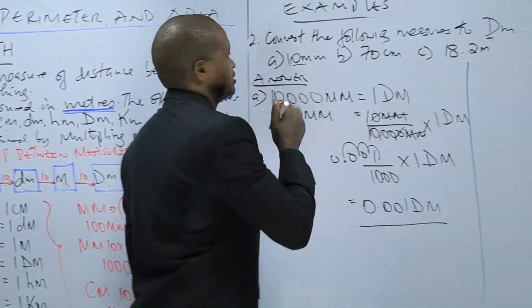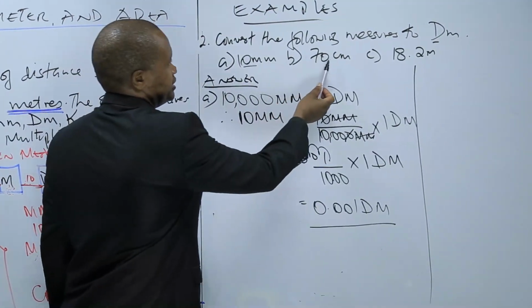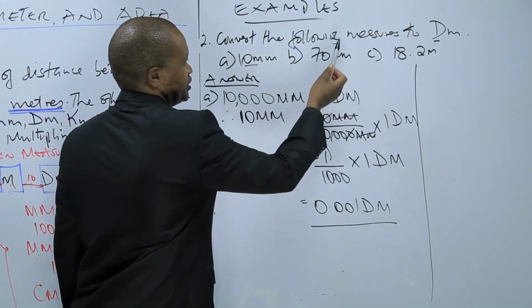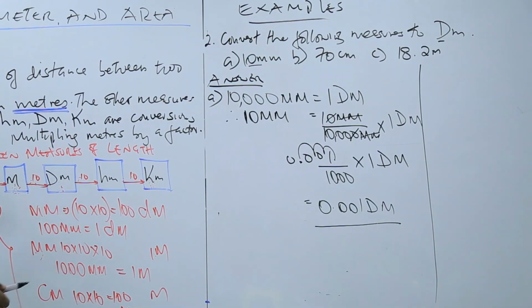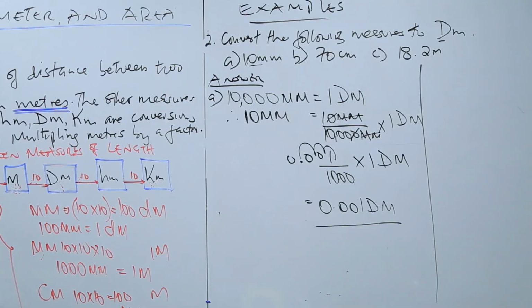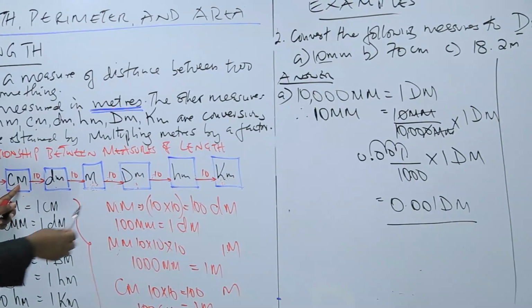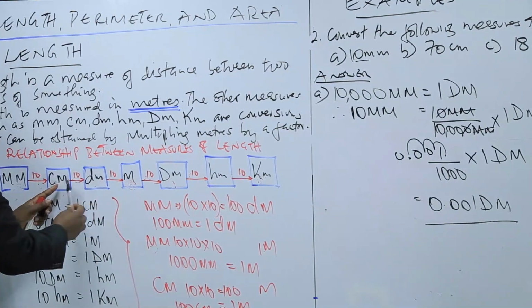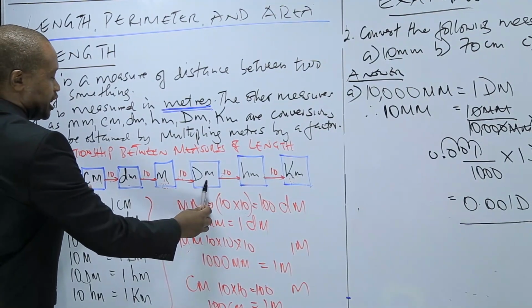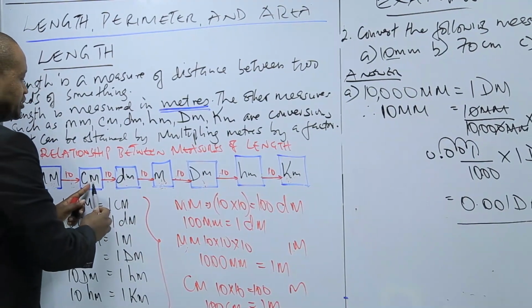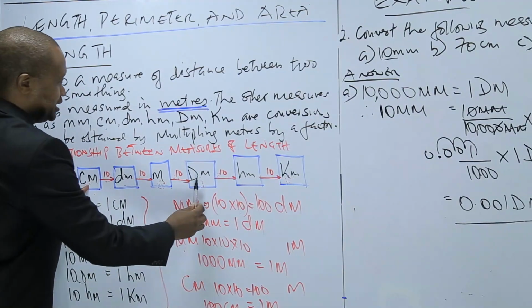We want to convert 70 centimeters to decameters. Let's come to the table again. Centimeters to decameters. So we check how many tens are between centimeters and decameters.